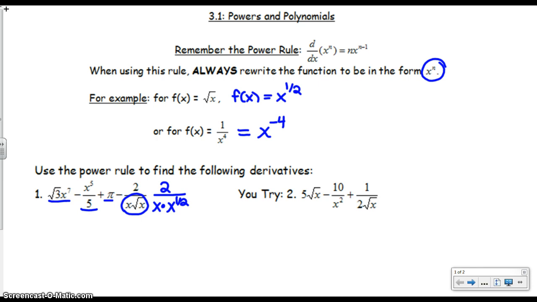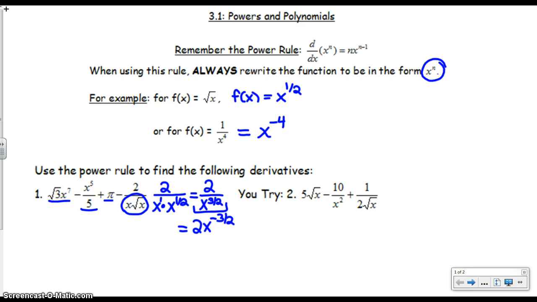When you multiply x's, you add the exponents. So x by itself is x to the 1. So x to the 1 times x to the 1/2 is the same thing as x to the 3/2, because you have to do 1 plus a half. And then this x is in the denominator of a fraction, so we have to move it up by writing this as 2x to the -3/2.